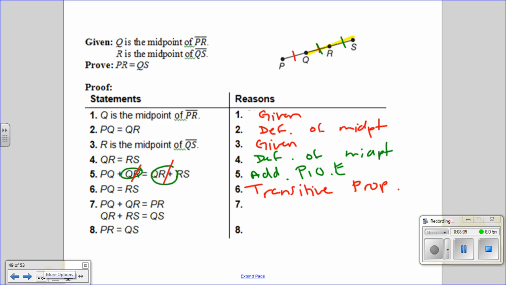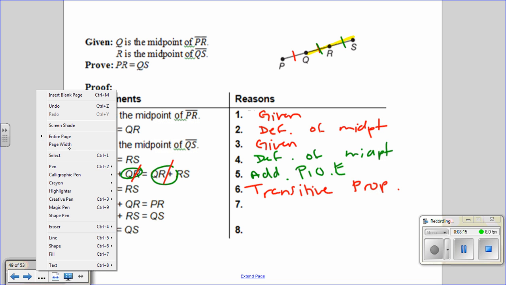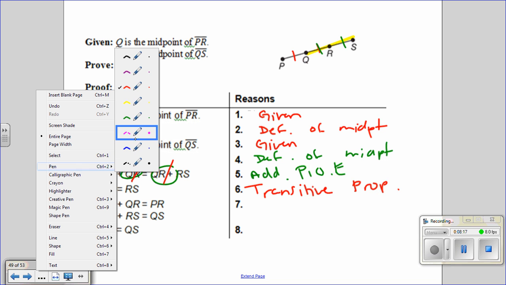Now, statement 7 says PQ, and I'll highlight that real quickly.